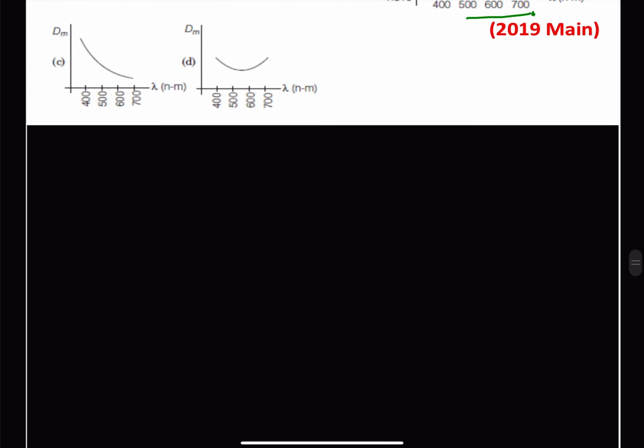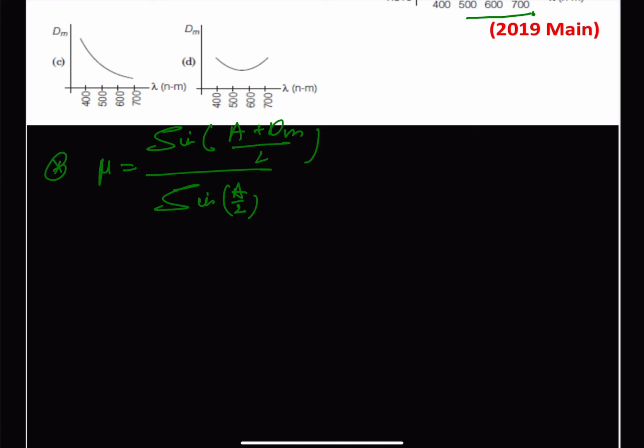So we can write that our mu is equal to sine of (a plus dm) divided by 2, over sine of a by 2.